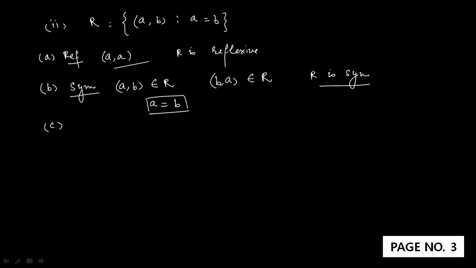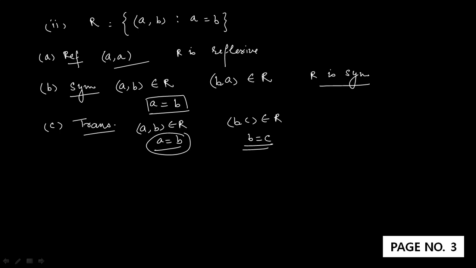Now the third category, that is transitive. (A, B) belongs to R, A is equal to B. (B, C) belongs to R, B is equal to C. Now if A is equal to B and B is equal to C, then you can clearly write A is equal to C. It means (A, C) belongs to R. Therefore, R is an equivalence relation.